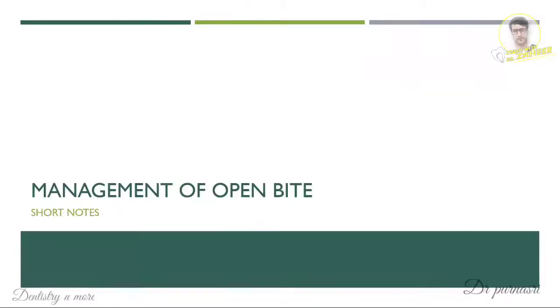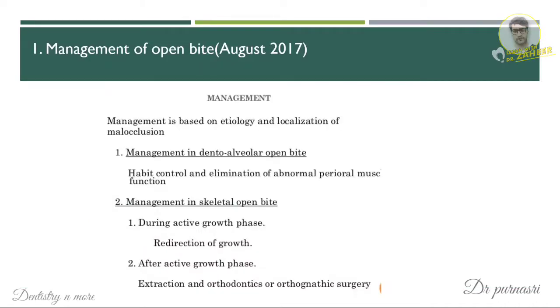Moving to the next topic, management of open bite. Here also short notes have been asked previously. What is management of open bite? Based on the etiology we can manage. If there is dentoalveolar open bite, it can be managed by habit control and thus the elimination of perioral musculature.